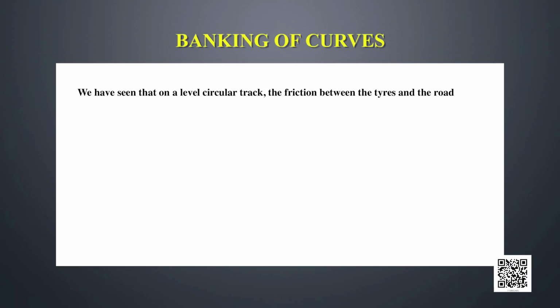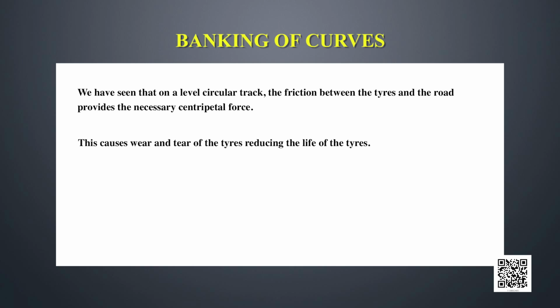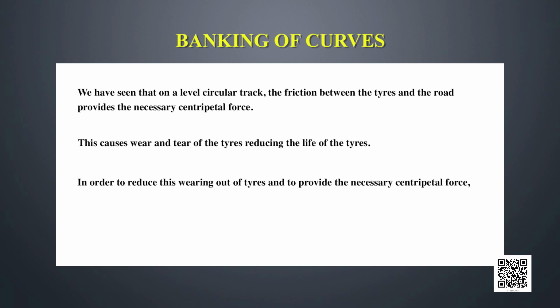Banking of curves. We have just now seen that on a level circular track, the force of friction between tires and the roads provides the necessary centripetal force for circular motion. This causes wear and tear of the tires, reducing the life of the tires. In order to reduce the wearing out of tires and to provide the necessary centripetal force, the roads are banked at the curves.